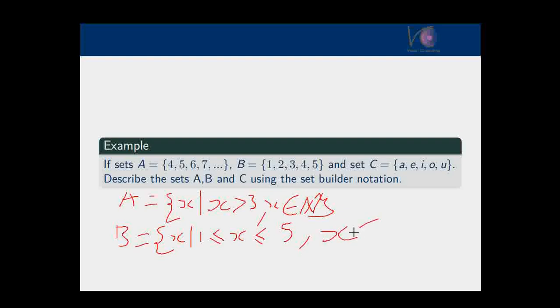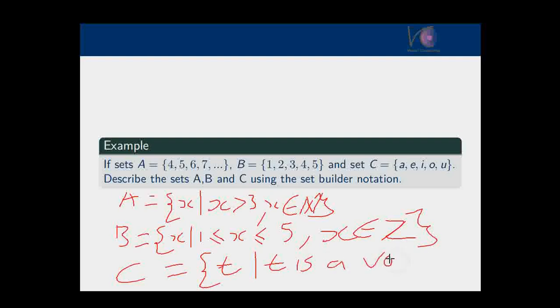This X belongs to the integers. So the Z there represents the integers. Finally, let me have my C here, where I can put T such that, what can I say about T? T is A, E, I, O, U. What you call the vowels.